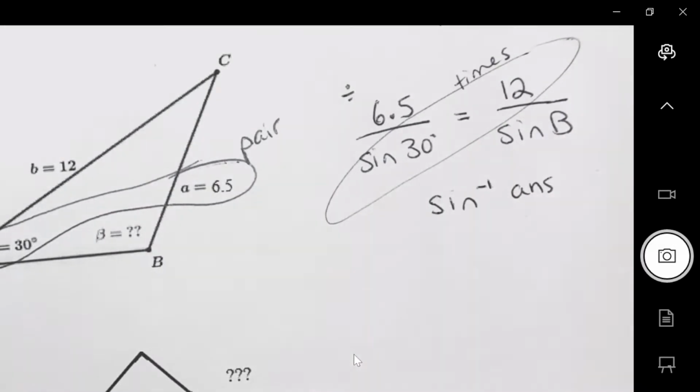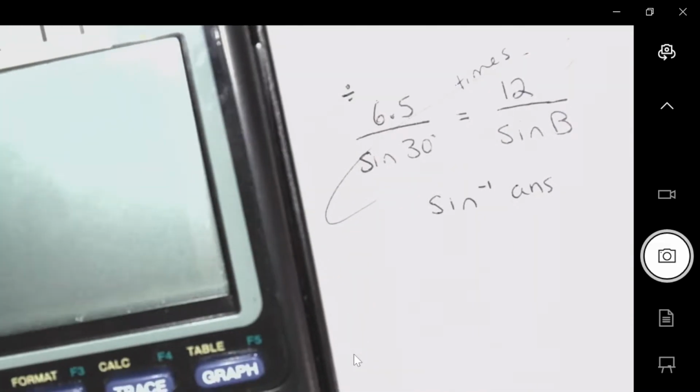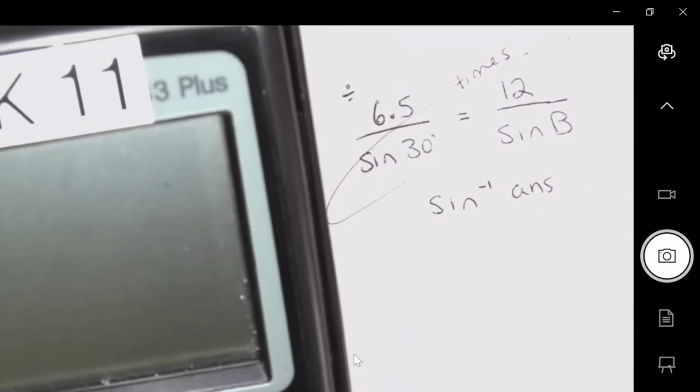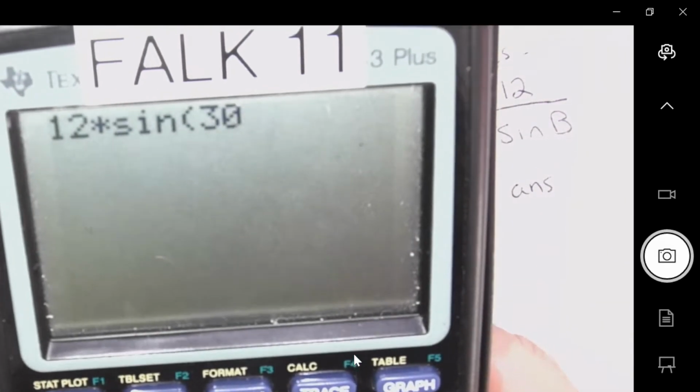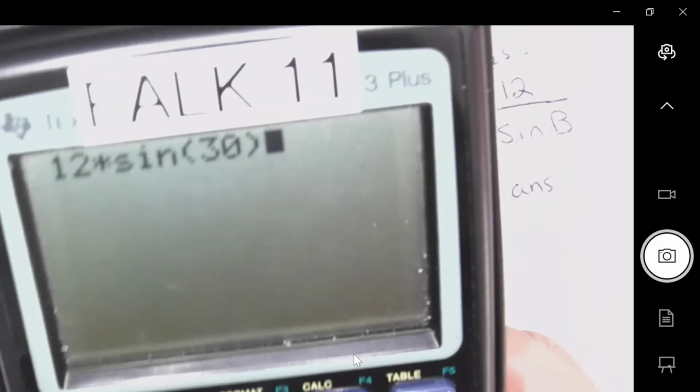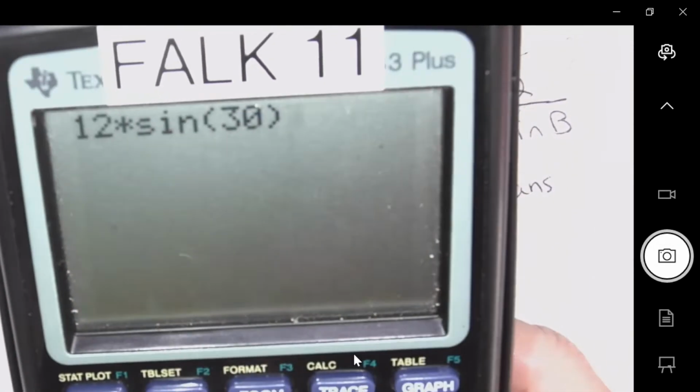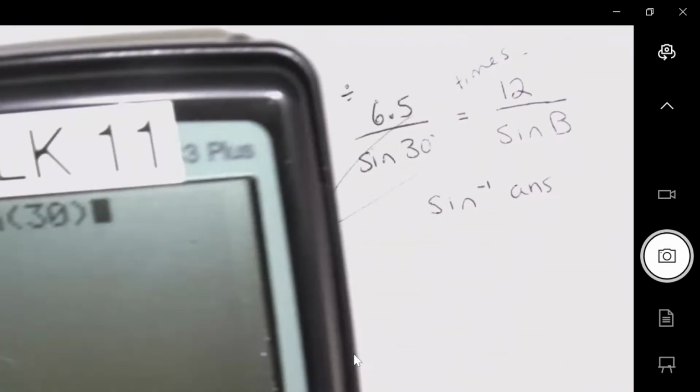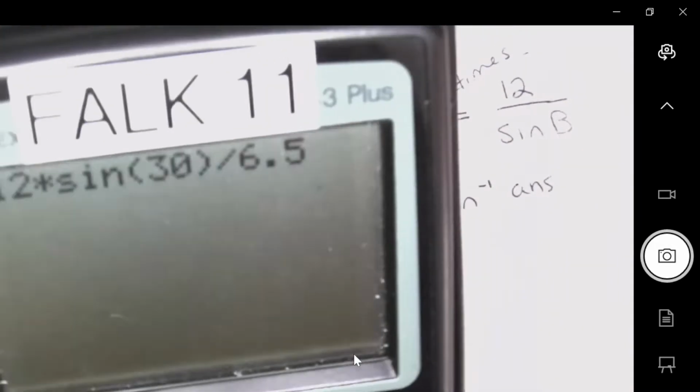Okay, if you're on this calculator, after you do a sine 30, you're going to have to do a bracket. If you've noticed, do you notice your calculator opens up a bracket? So make sure if you are using this calculator that you close the bracket after the 30, or else it'll throw your answer off.